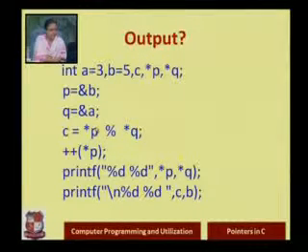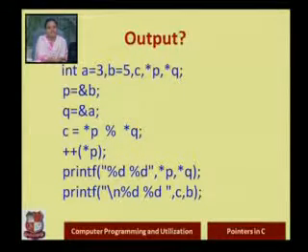Once again, what is p? It is pointing to b, so I will have 5 here. What is q? It is pointing to a. So 5 modulo 3. 3 ones are 3, so the remainder is 2. I will get 2. Then when I perform ++*p, p is pointing to b, so 5. ++ means pre-increment, so the value of b becomes 6.